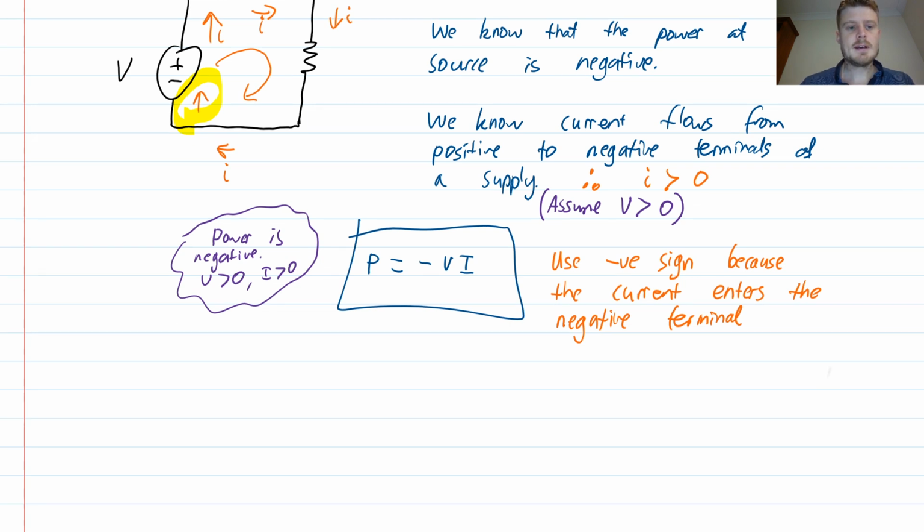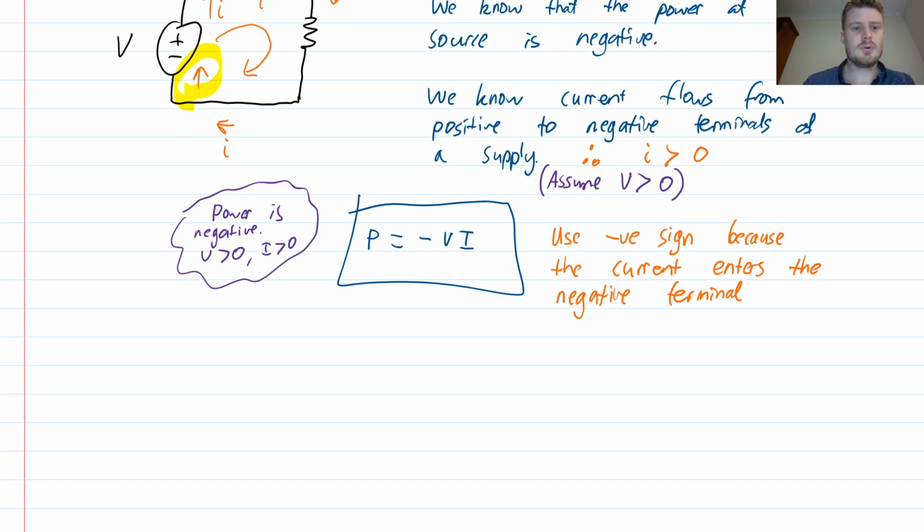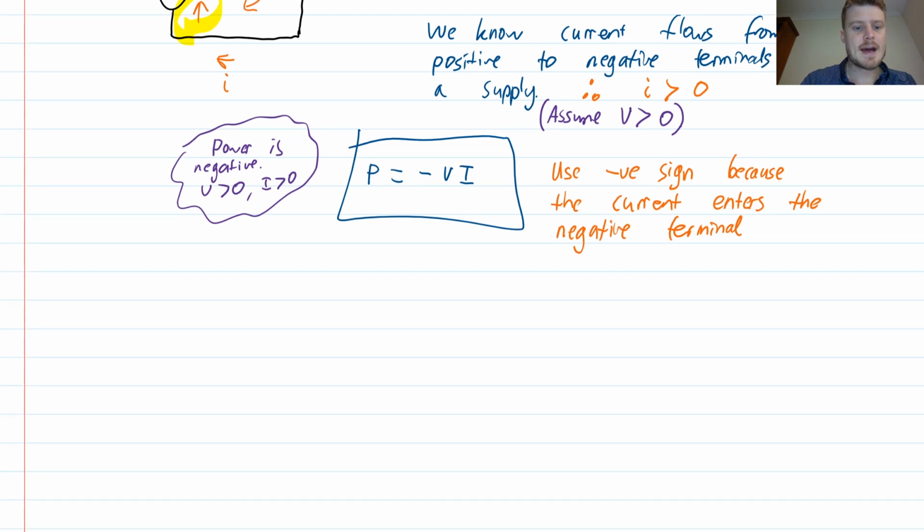So we can go through and kind of draw all of the combinations for that supply. So I can have a voltage like this and a current going upwards. So that's the one that we just looked at. I can have the same voltage but the current going downwards.